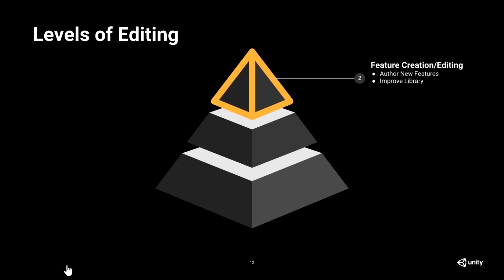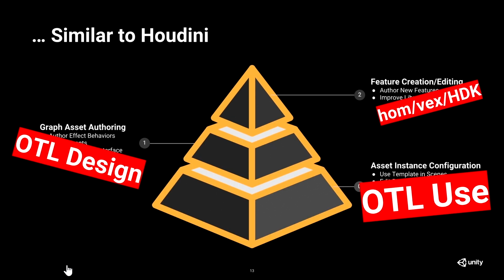And at the top of the pyramid, we have the feature creation / editing. Basically, it's a way to improve your feature library by adding a new kind of operators or nodes. And basically, it's intended for TDs, most engineers, or really skilled visual effects artists.